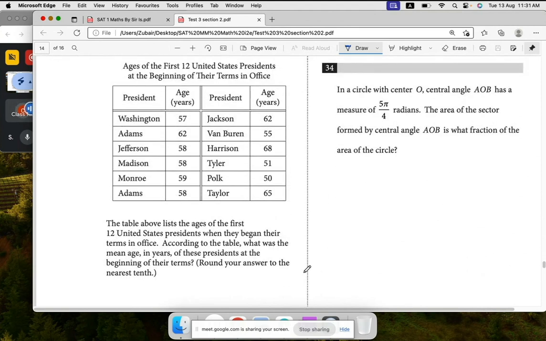Okay, we just add them and divide by 12. 57, 62, 58, 58, 59, 58, 62, 55, 68, 51, 50, 65 divided by 12. So I'm getting 703 as total. So 58.58, to the nearest tenth, 58.6.